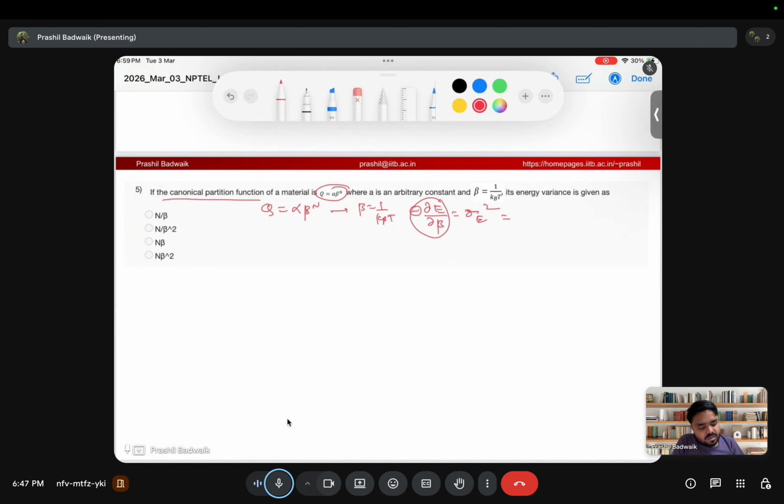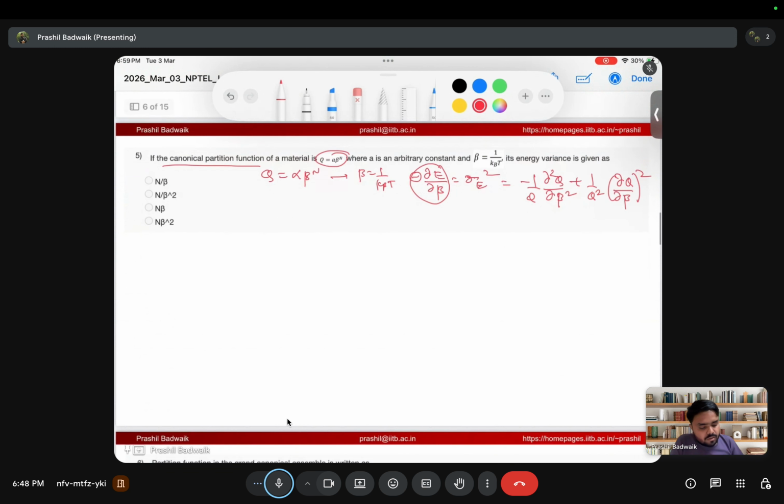This has been derived in the class. I am just writing the equation: del 2q divided by del beta square plus 1 upon q square, del q divided by del beta, whole square, right? So in this equation just calculate the value of del q by del beta.